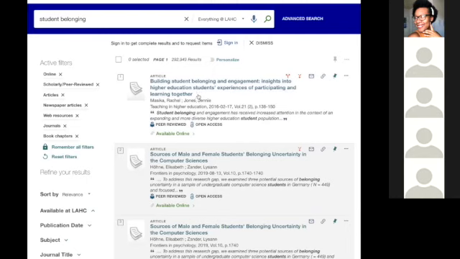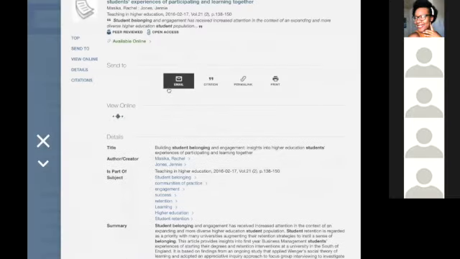So then the next step is to start looking at the titles to see if there's anything interesting that catches my eye. Building student belonging and engagement, insights into higher education students' experiences of participating and learning together. This is a solution. I love this right off the bat. The first one actually might be something interesting.